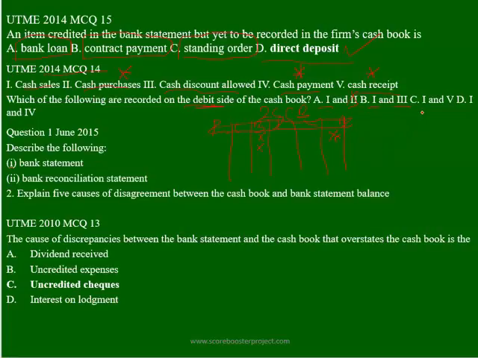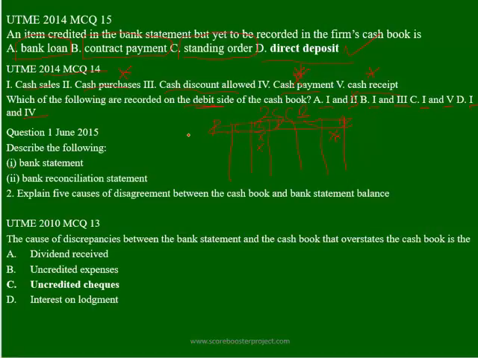We have 1 and 5, cash sales and cash receipt. Are we okay? Then we have 1 and 4. 1 and 4 is also not there.